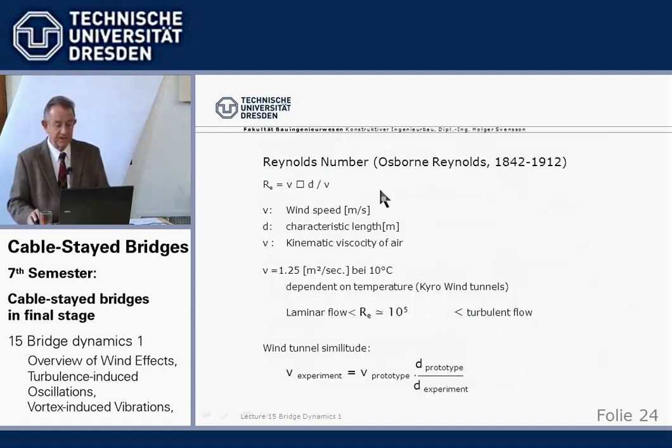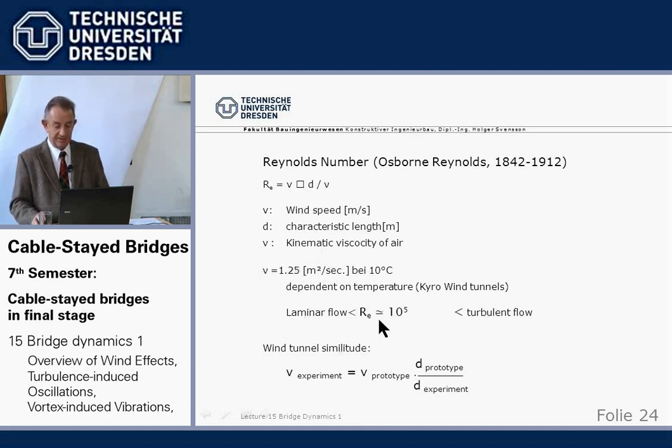Reynolds number is defined as wind speed times characteristic depth divided by the kinematic viscosity, which is a constant.